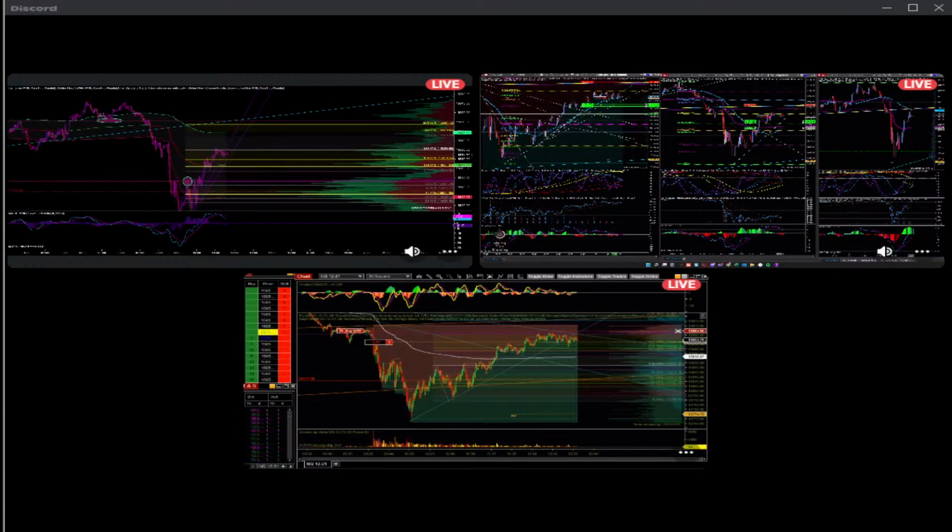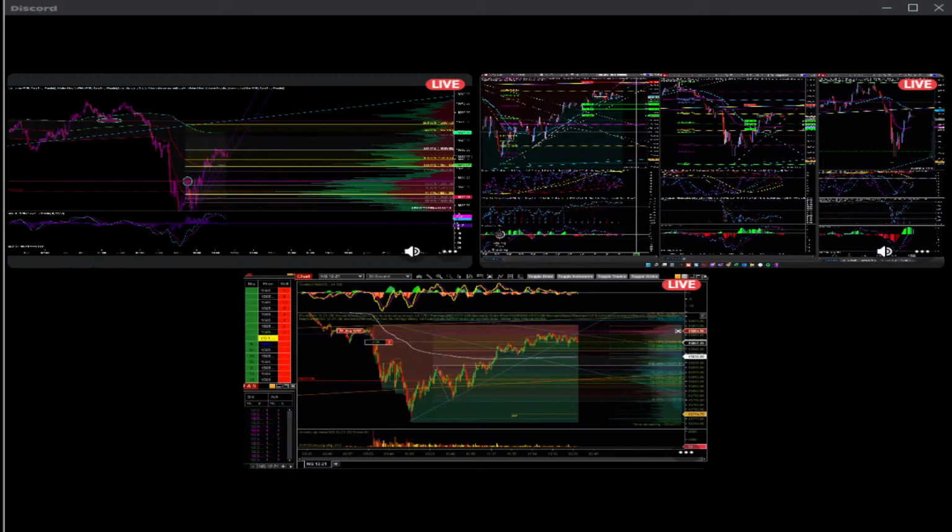My profit target is going to be the consolidation down here just before the B point. Doyle, are you in? Yeah, I shorted in anticipation of the trendline break.